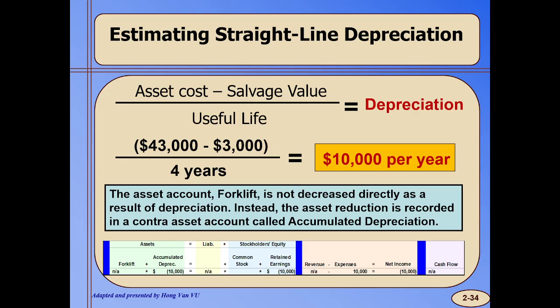If the forklift has a 4-year useful life, 3,000 salvage value, and a cost of 43,000 when purchased, it is logical to allocate an equal amount of 40,000, the difference between the asset cost minus the salvage value, divided by 4. It means 10,000 per year for when the equipment is used.